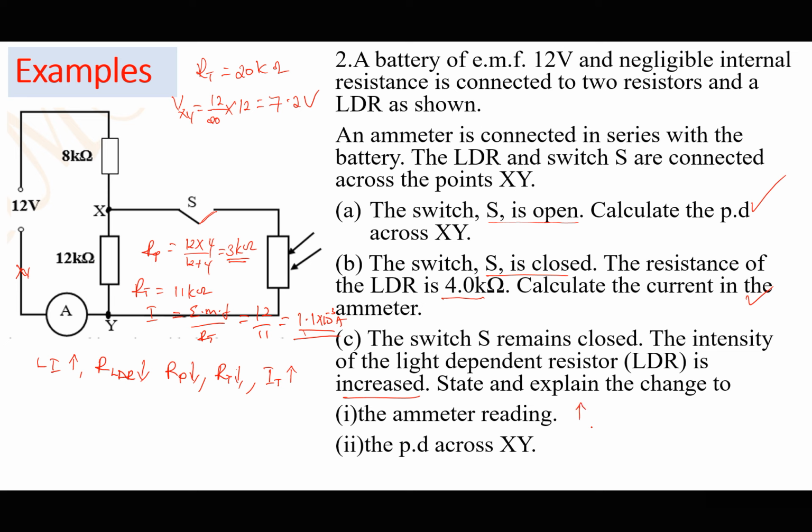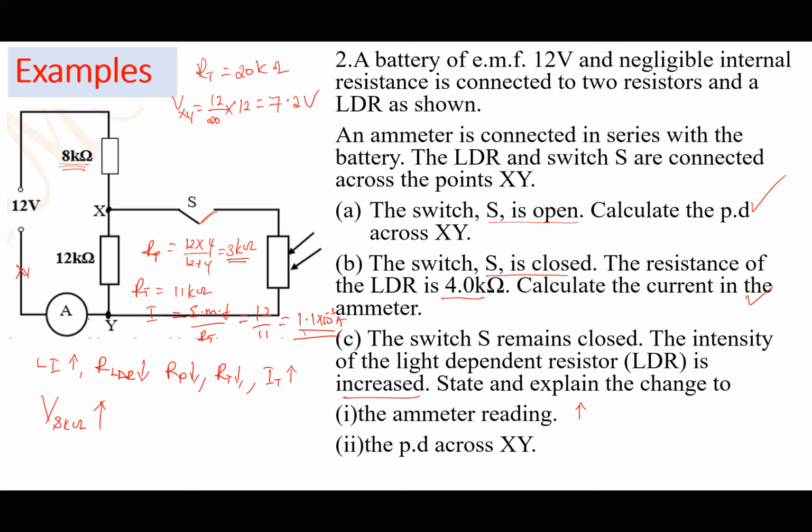Then the PD across XY. Because the current has increased, the PD across the 8 kilo ohm resistance has increased, because it is in series with the ammeter.